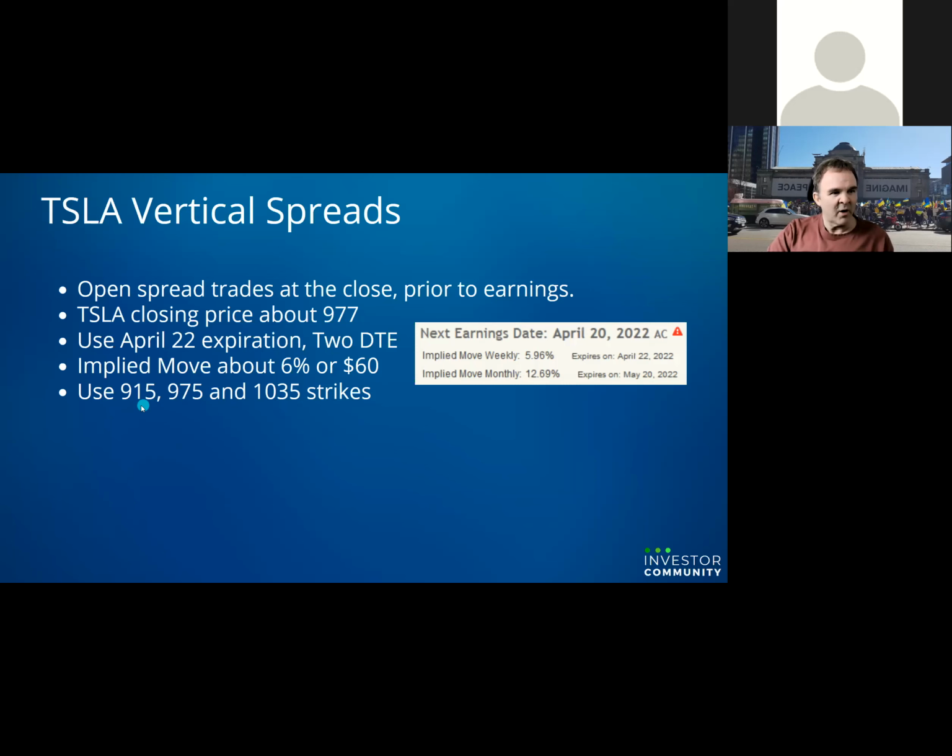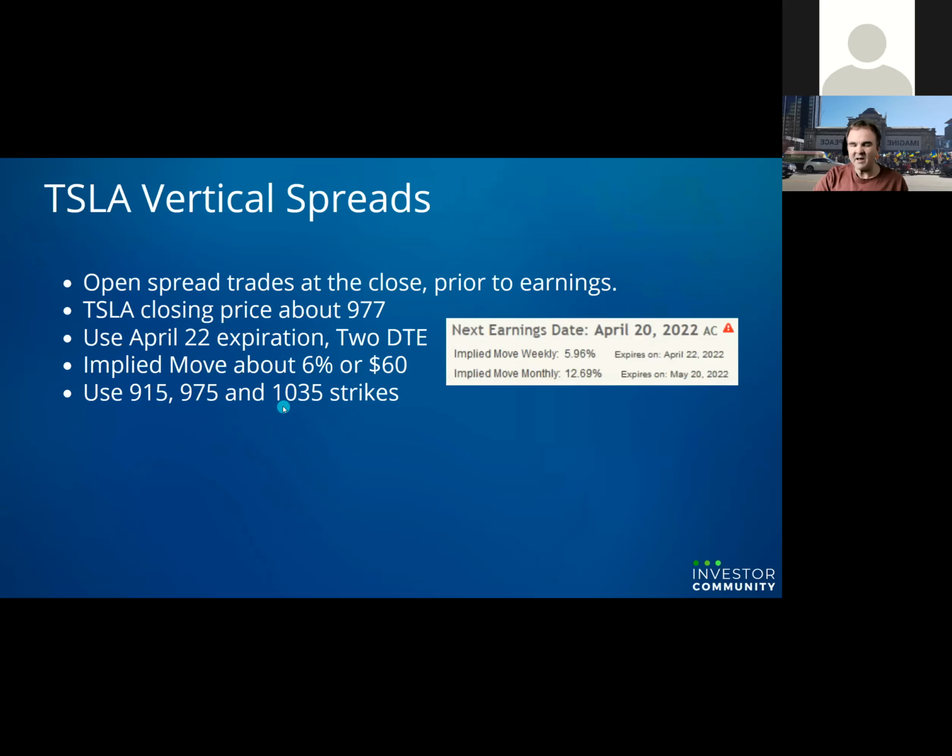The lower one, 60 bucks below that, is 915, and 60 bucks above that is 1035. So you can see that I've used the exact implied move to come up with these strikes. Now we don't have to do it this way. I'm just doing it this way to show you this example.